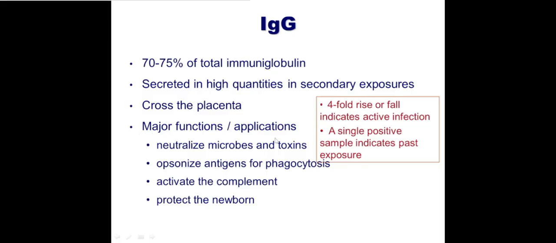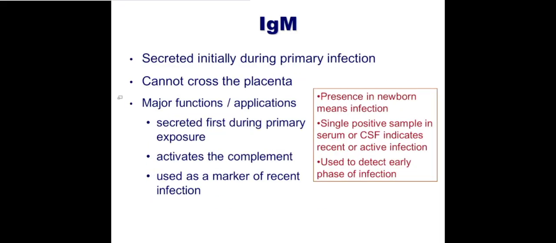Major functions and applications: they neutralize microbes and toxins, opsonize antigen for phagocytosis, activate the complement, and protect the newborn. The question will be asked, how does the antibody IgG protect the newborn? Because this is the only type of antibody which crosses the placenta, and it protects the newborn or fetus.